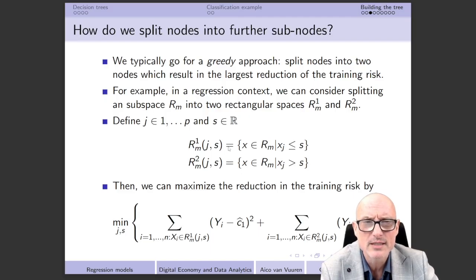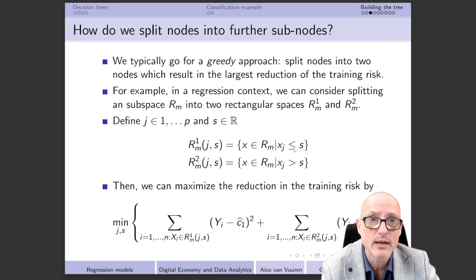Well, essentially, it's nothing else than the collection of all the x's in the original subspace Rm, but with the restriction that we're only going to look at those x's for which xj is smaller or equal to s. And then R2mjs is nothing else than the rest of the original subspace. So that implies that we're going to look at only all those x's in the original subspace for which xj is larger than s.